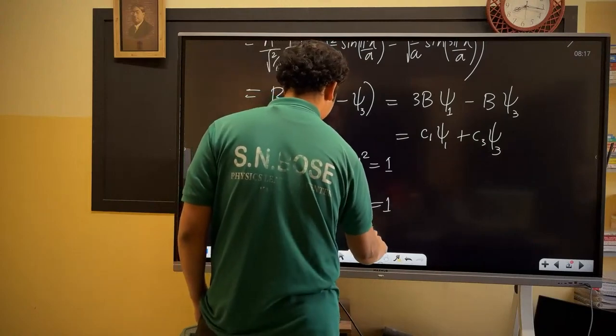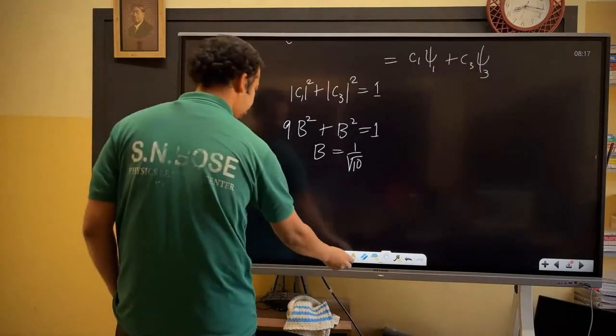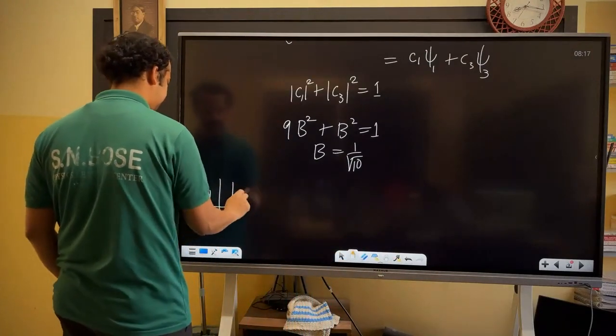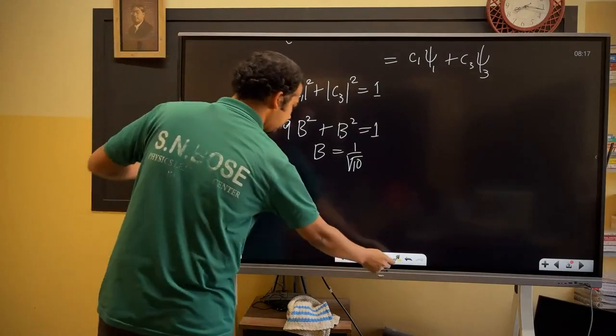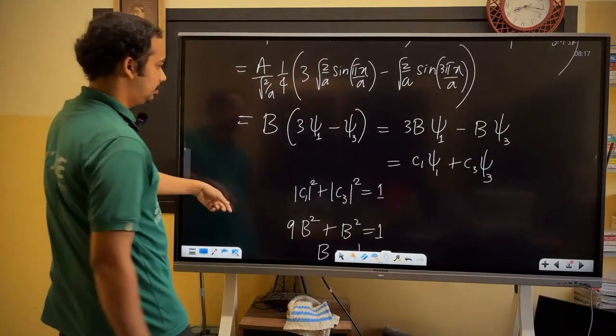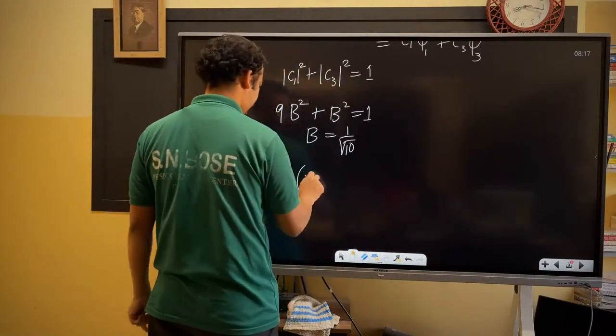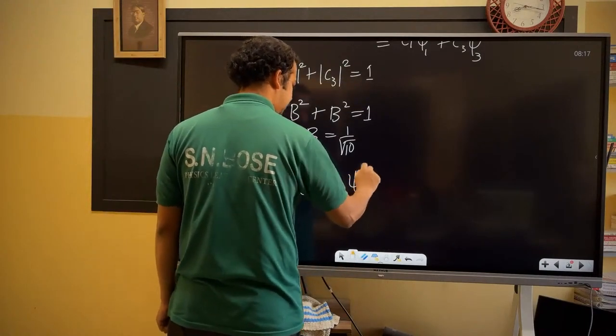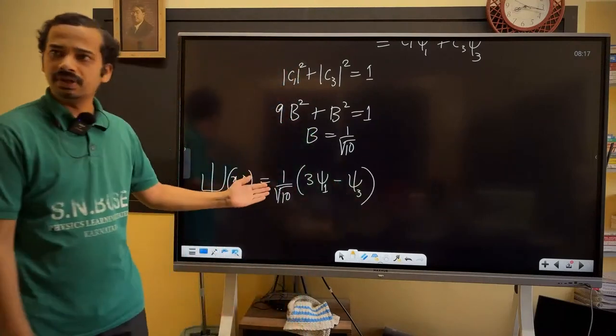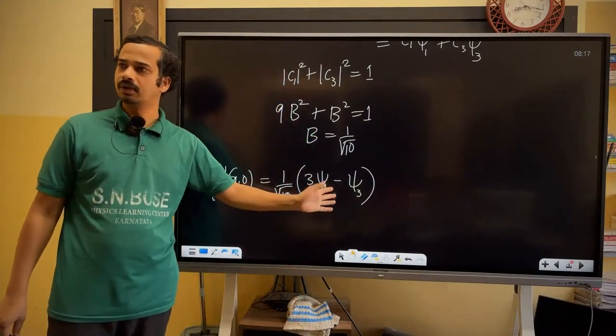Now this is my normalized wave function: 1 by root 10, that is my b, into 3 psi 1 minus psi 3. You can see the coefficients. This is the normalized one.